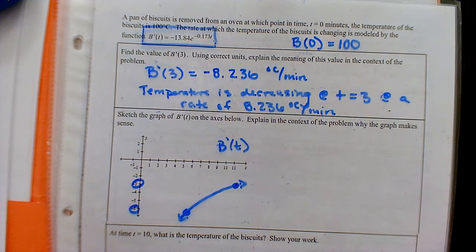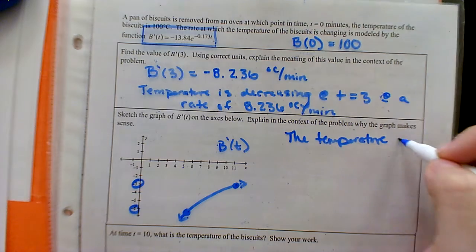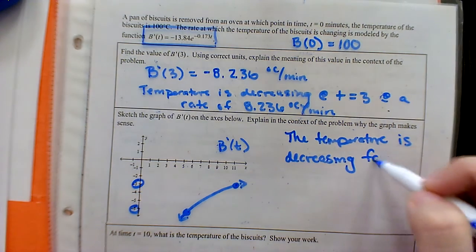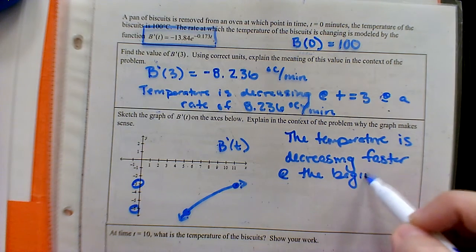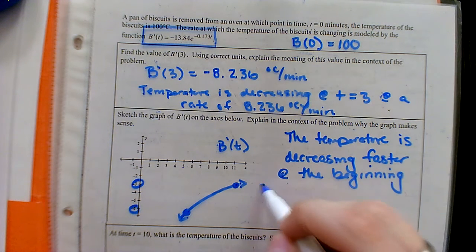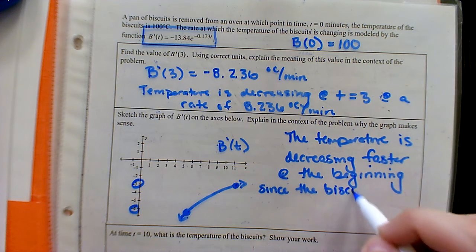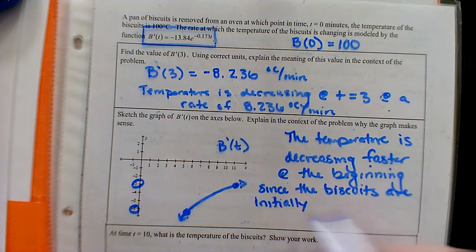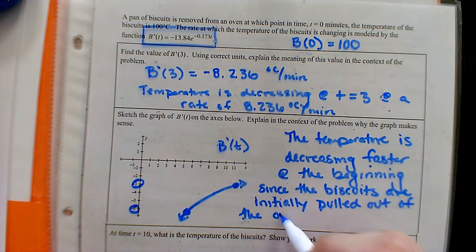So we'll go ahead and say that, explain the context of the problem, the temperature is decreasing faster at the beginning since the biscuits are initially pulled out of the oven.